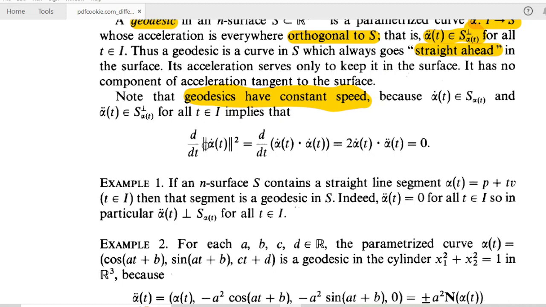Consider d by dt of norm of alpha dot of t the whole square. So if you are looking here, d by dt of alpha dot of t dot alpha dot of t.